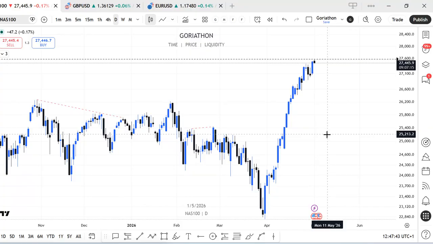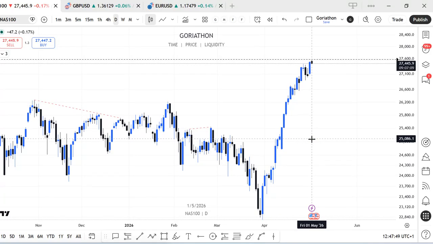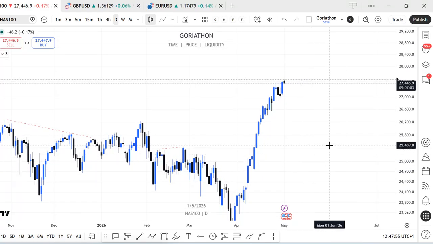If you watch the previous video, you will understand why that is what we want to pass props. If you're trading personal, then of course you can go break even after 1 is to 1 and then hold it for a home run.